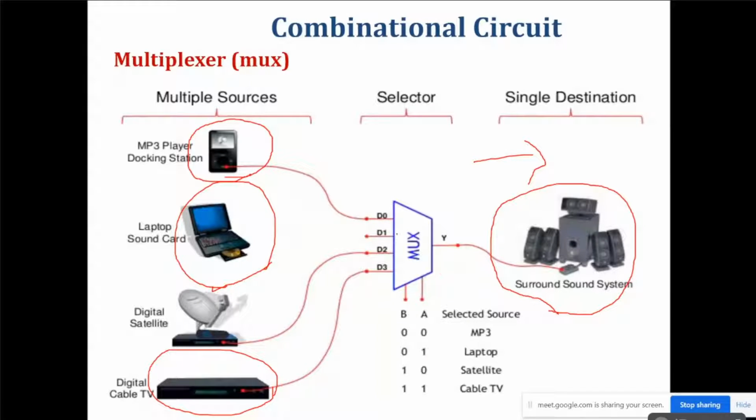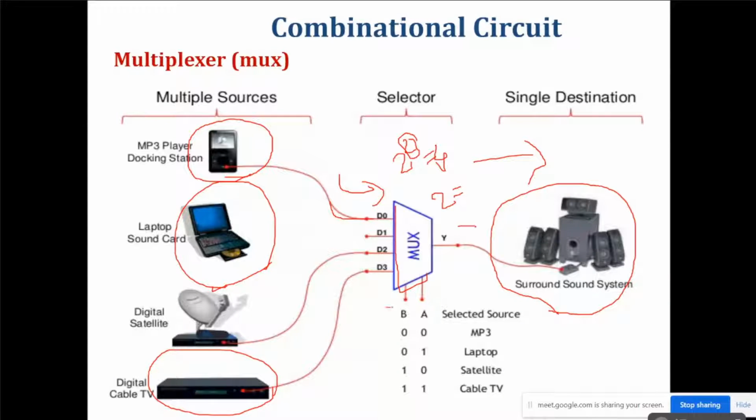This is the symbol of the multiplexer. Here we have 4 inputs, and 2 to the power 2 is equal to 4. So how many selection lines do we need? We need 2 selection lines to select one input among those four inputs.